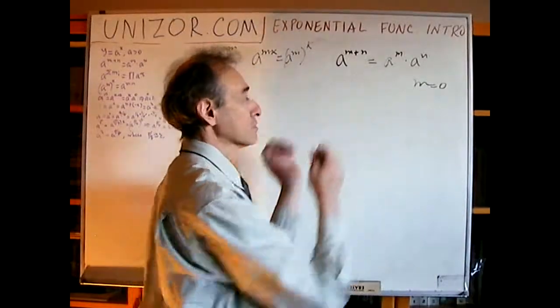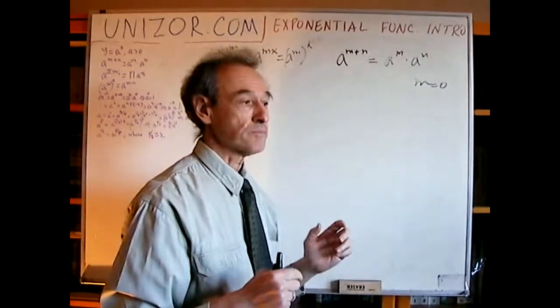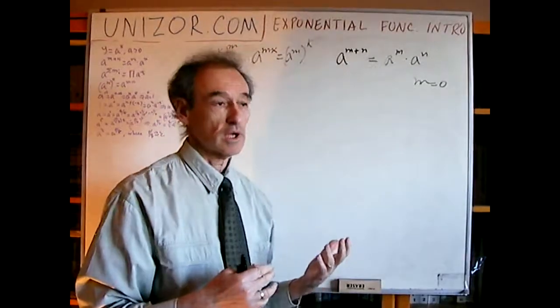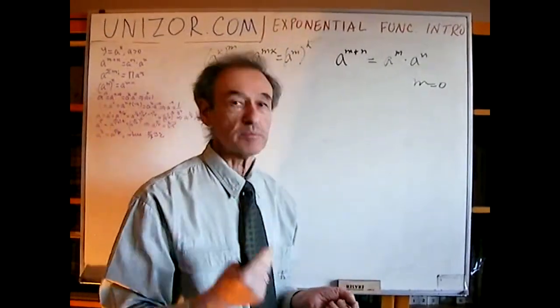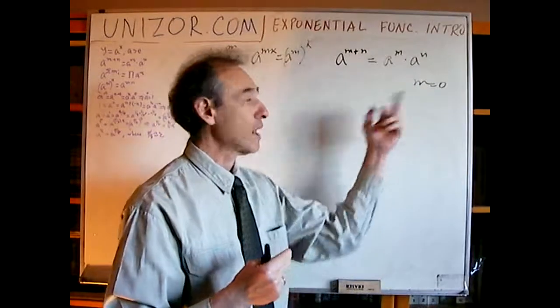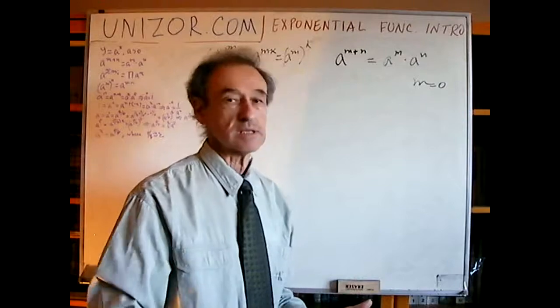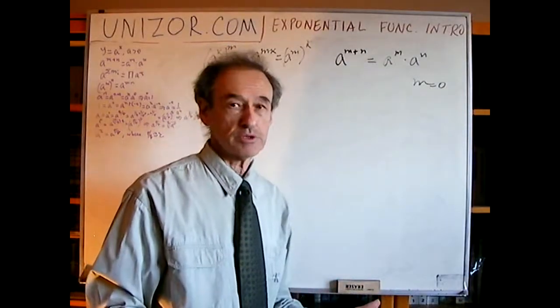But let's go into this rule and use it to find out what is a reasonable value for a to the power of 0, and then just define that a to the power of 0 is this reasonable value. That's how people do it.